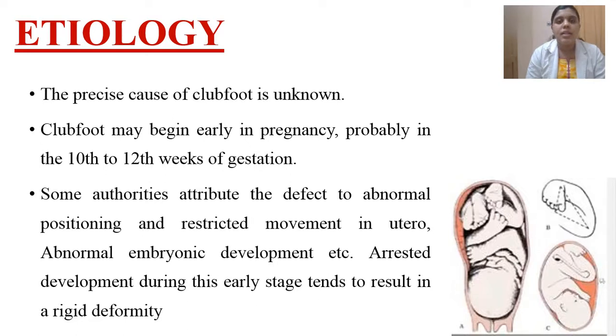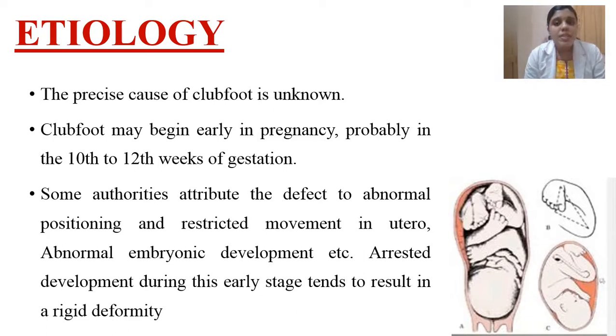Regarding the etiology of congenital clubfoot, the exact cause is not known. It is believed that it usually develops in early pregnancy, around the 10th to 12th weeks of gestation. It is believed to develop because of the intrauterine positioning of the fetus, or due to restricted movement of the fetus inside the uterine cavity.